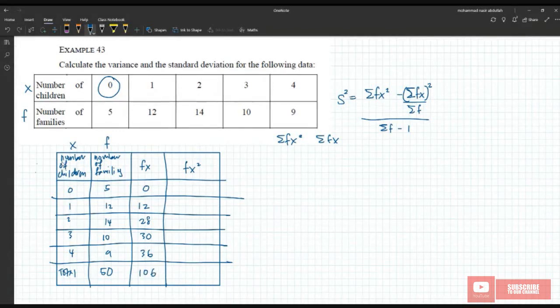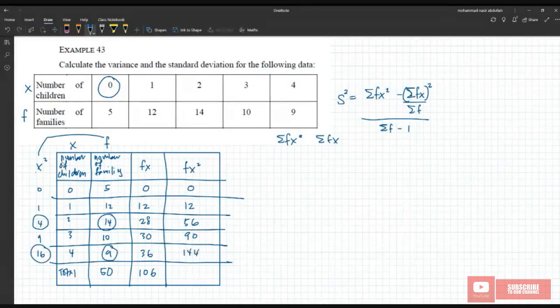And then x square should be 0, 1, 4, 9, and 16. So f multiplied by x square: 5 multiplied by 0 is 0, 12 multiplied by 1 is 12, 14 multiplied by 4 is 56, 10 multiplied by 9 is 90, and 9 multiplied by 16 is 144.